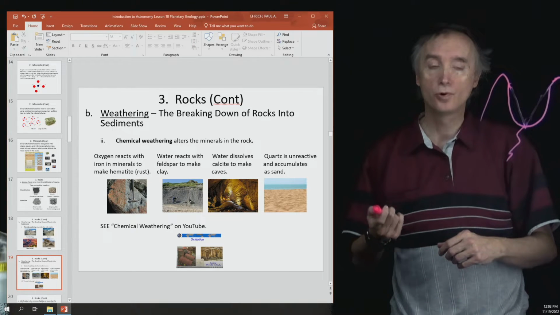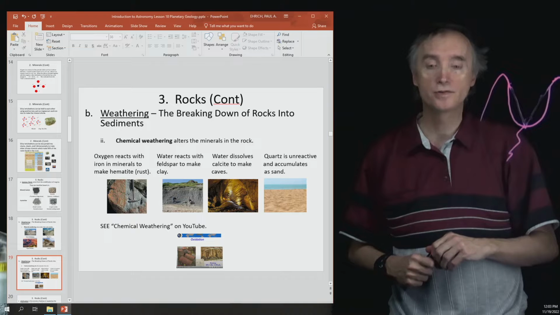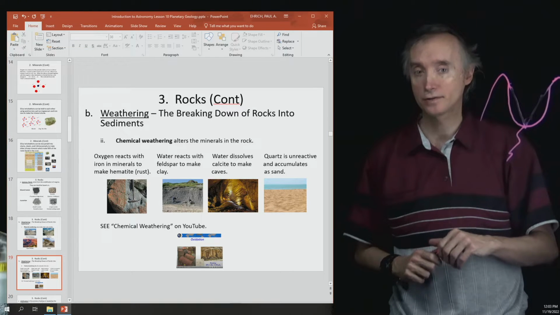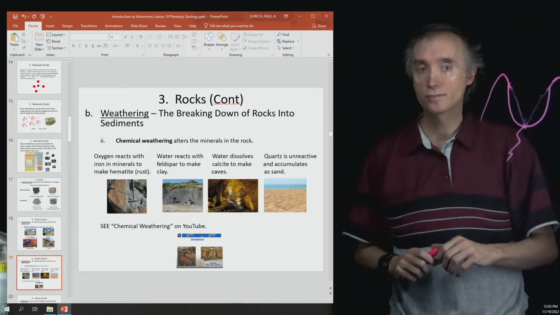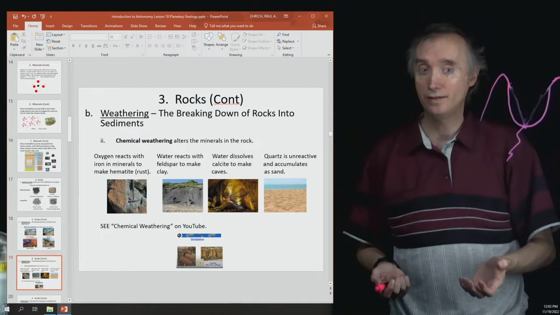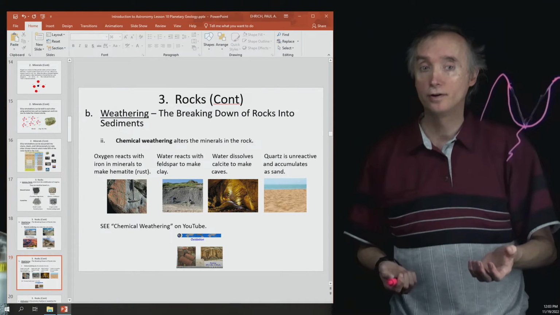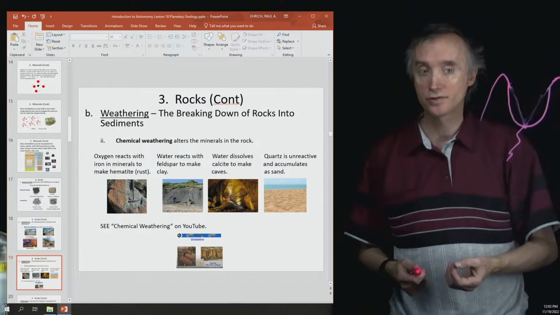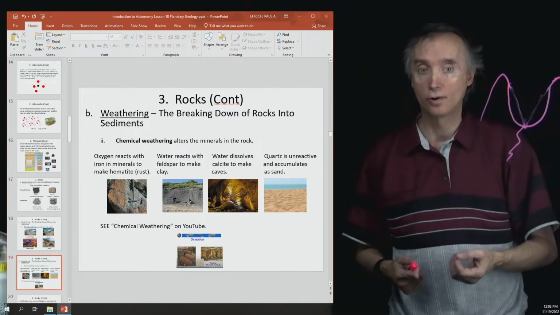But quartz is very unreactive. At surface pressures and temperatures, quartz doesn't really do anything when it is chemically assaulted by water or air.